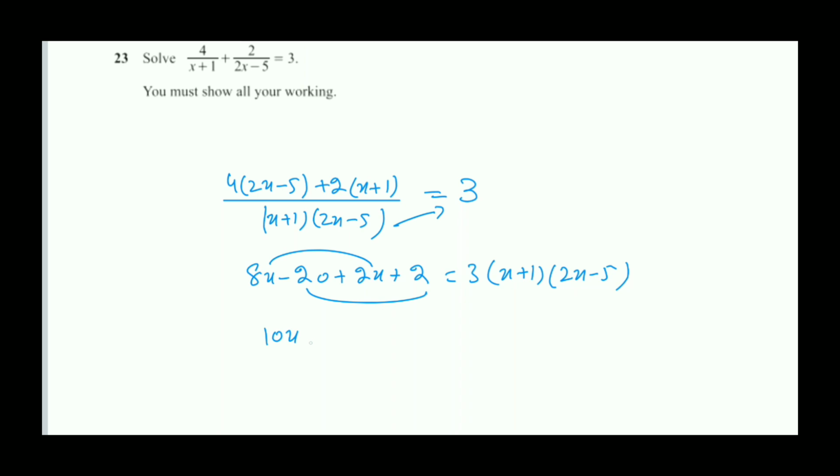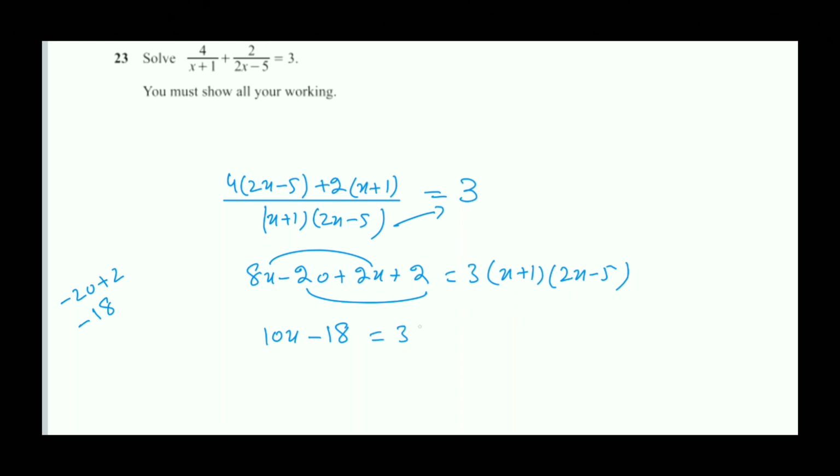Many students have added this. Please check it very carefully: minus 20 plus 2 will be minus 18. The sign will be of the greater value. This should be minus 18. Many students have made a mistake in this step.